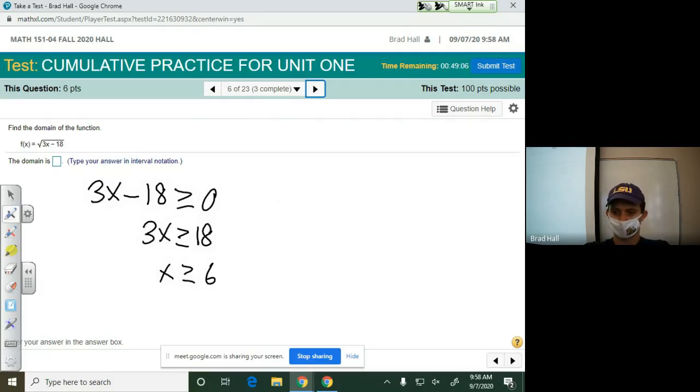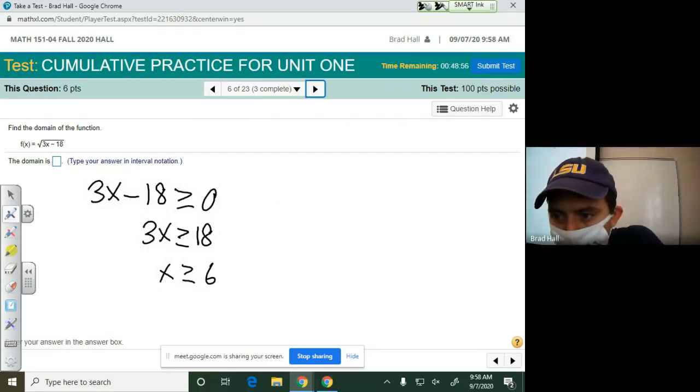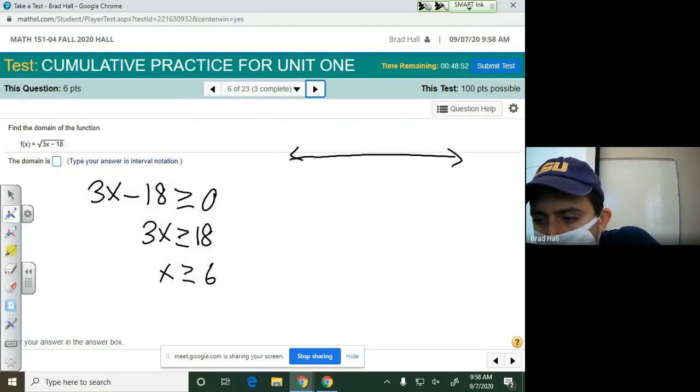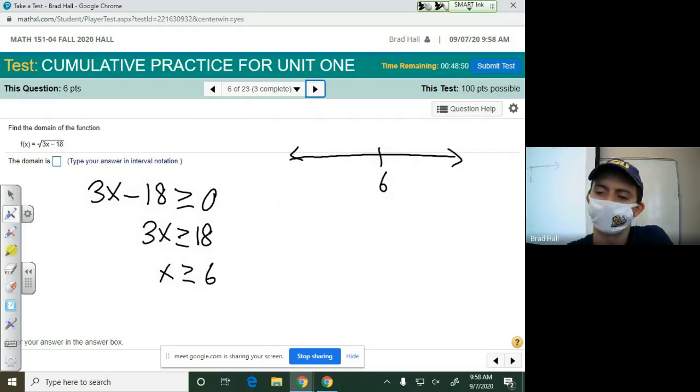But we're not done, because they want us to put the answer in interval notation. And as such, we need to take this value here, or this interval of values, and figure out how this translates.